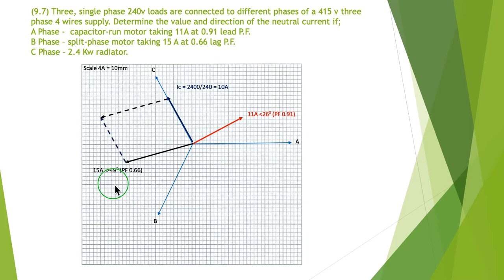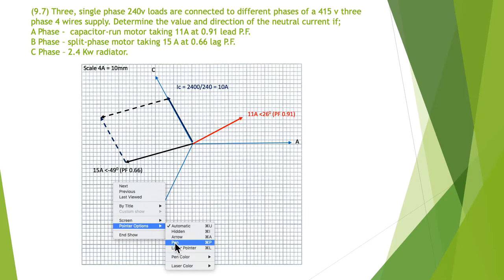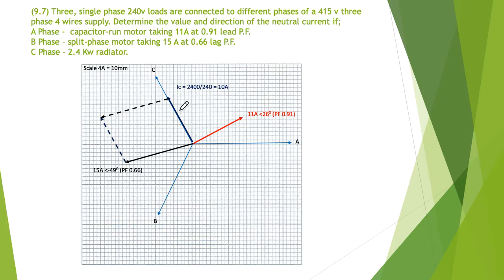Next step, do exactly the same again and measure the length here with my compass, put the point of the compass on here, and then scribe an arc, and where those two arcs cross, back to the origin, that will give us our B plus C currents. And you can see I've put that in as a green phasor now so you can see it quite clearly.